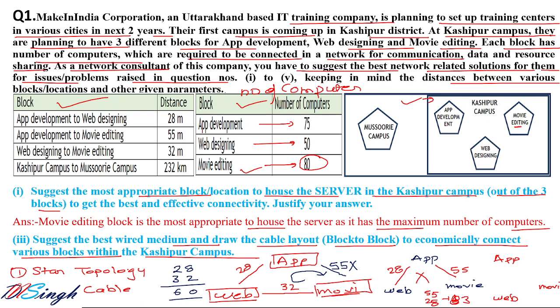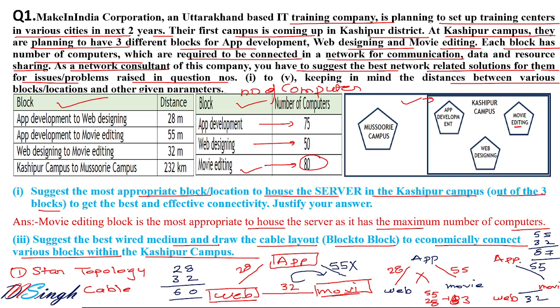So that all the doubts which are in your mind should be set aside. So we will take this 55, and next is this link, 32. So now what is the sum? The sum of 55 plus 32 is going to be 87.